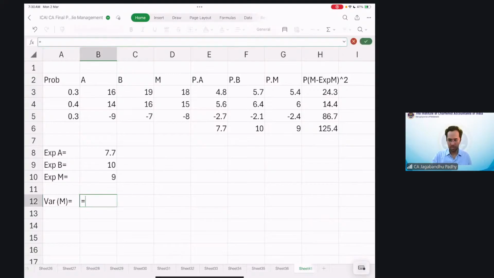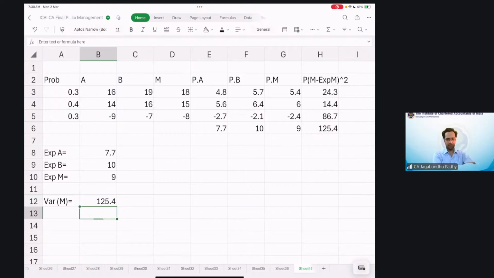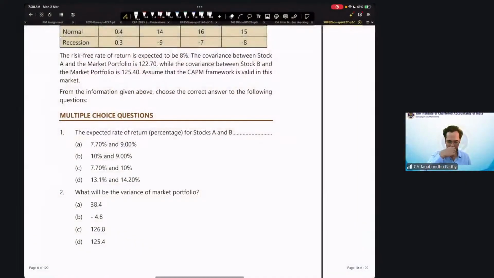Variance of market is 125.4. Option D. Correct.